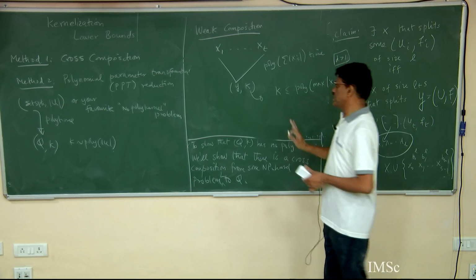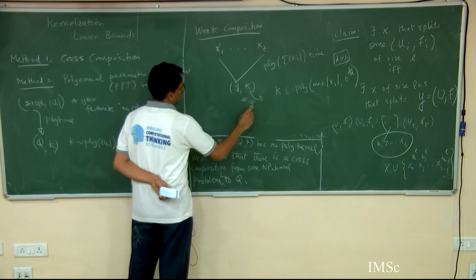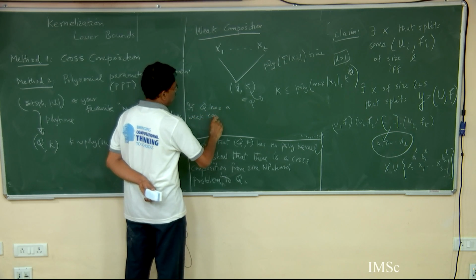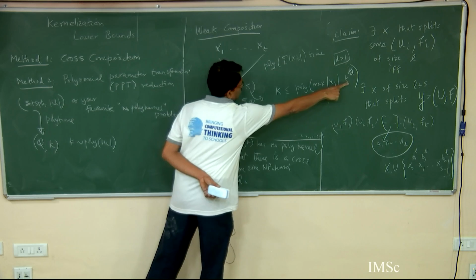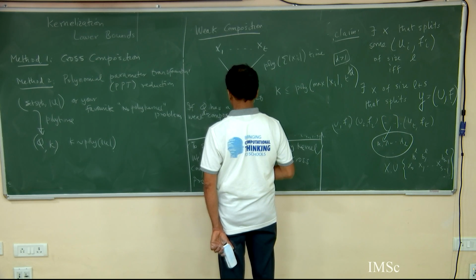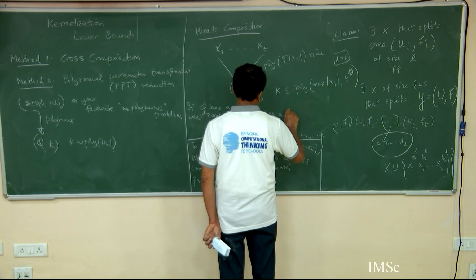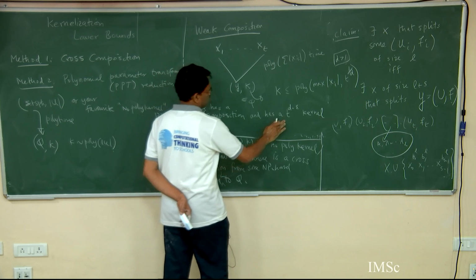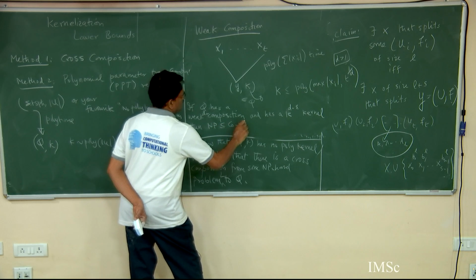Now, if such a thing happens for an NP-hard problem, so this is my Q. If Q has a weak composition, so let us say weak d-composition to refer to this d, and has a k power d minus epsilon kernel, then NP is contained in co-NP/poly.